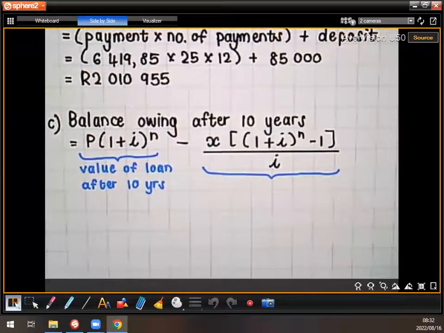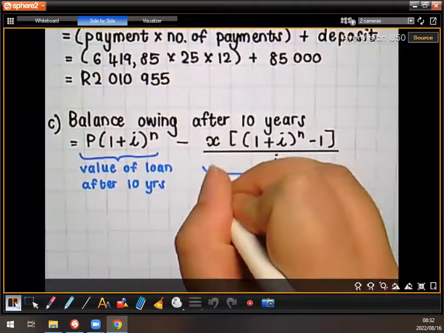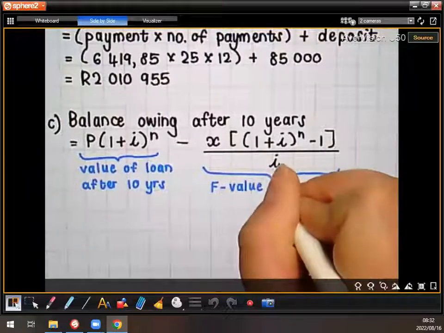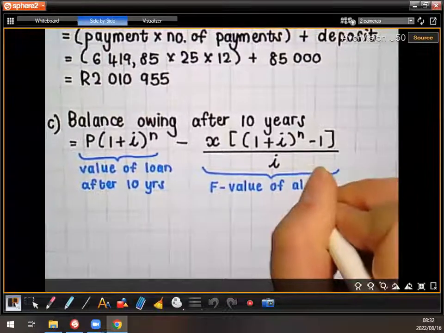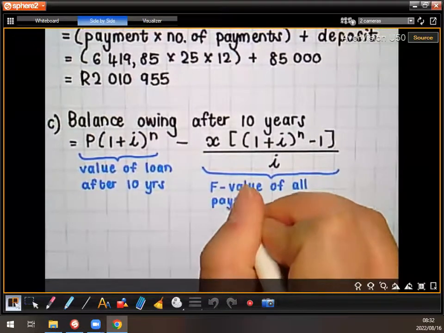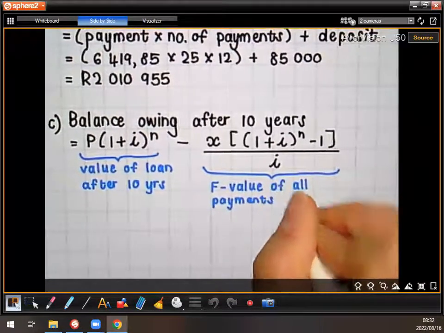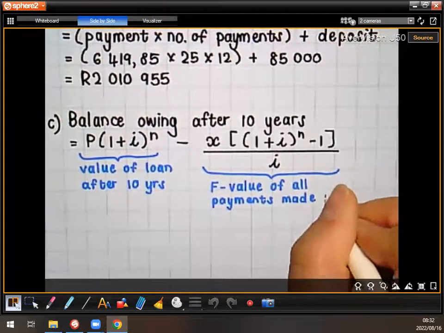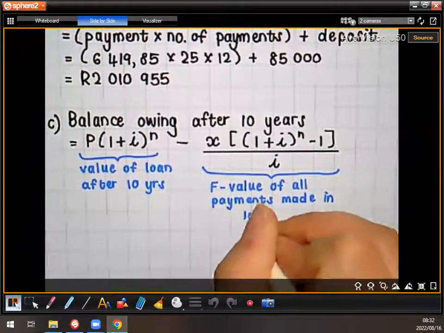The difference between the two is going to be the amount of the loan. Okay, so this is the future value of all payments made in 10 years.